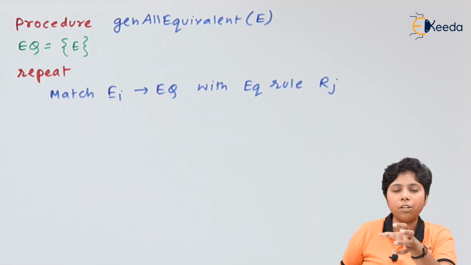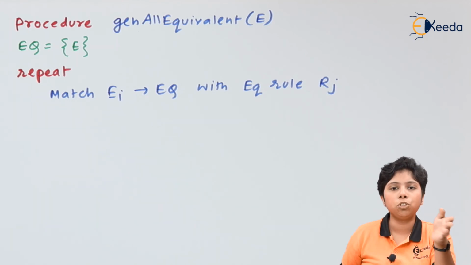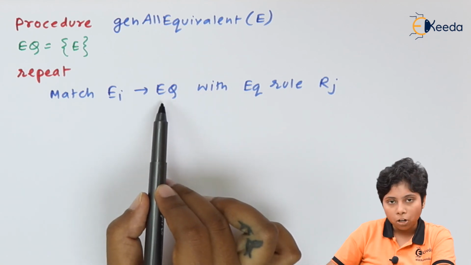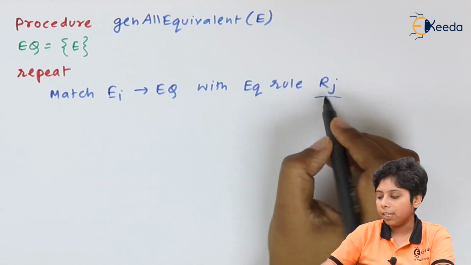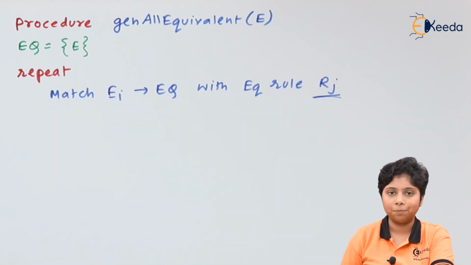That means EQ contains the set E1, E2 to EN. So first we take one Ei belonging to EQ with the equivalence rule Rj. If it is satisfying some rule Rj, then we need to perform the next step.